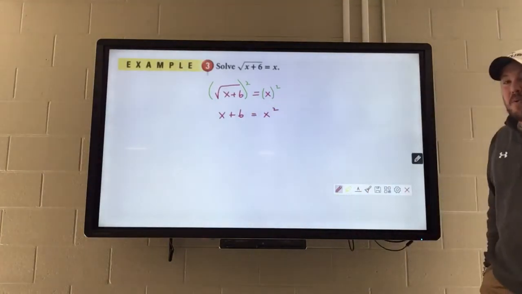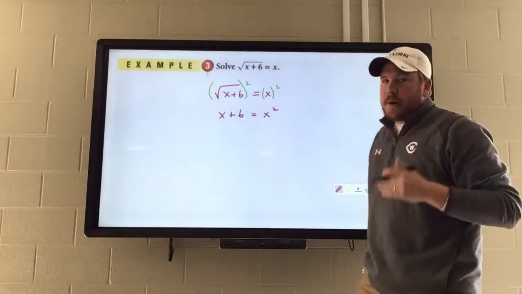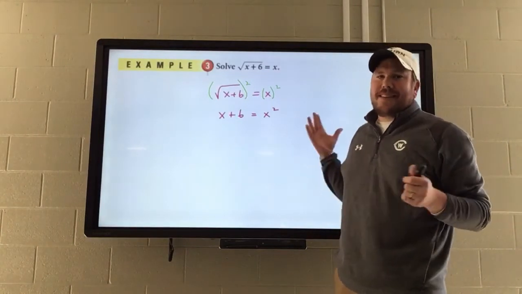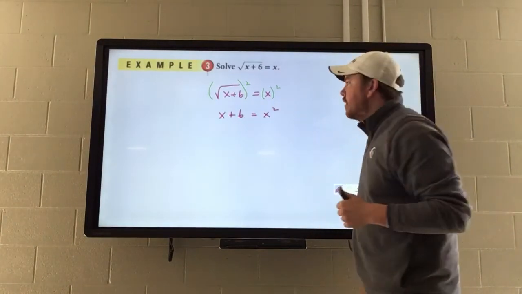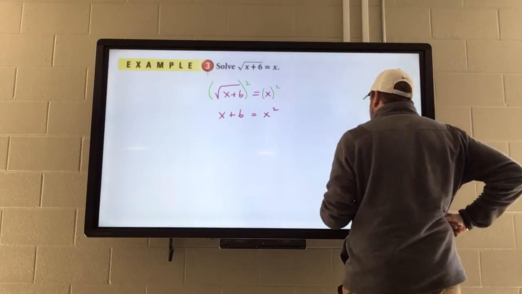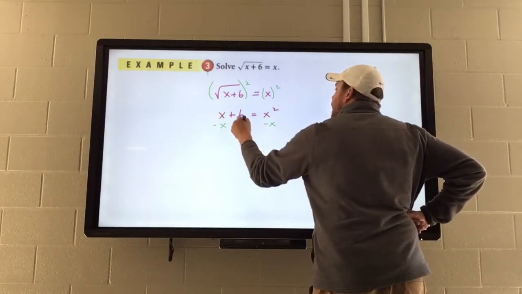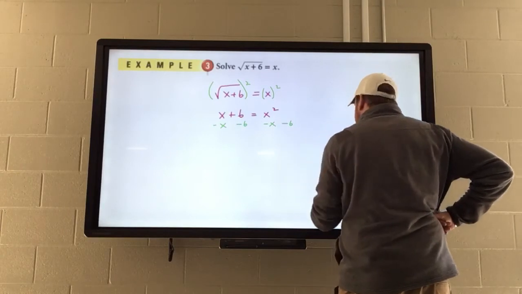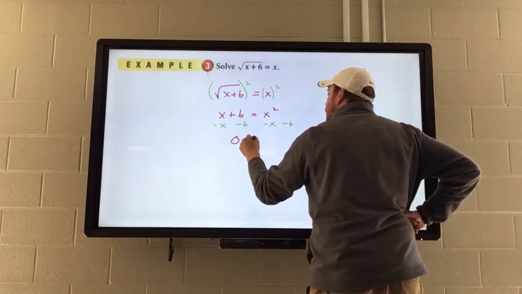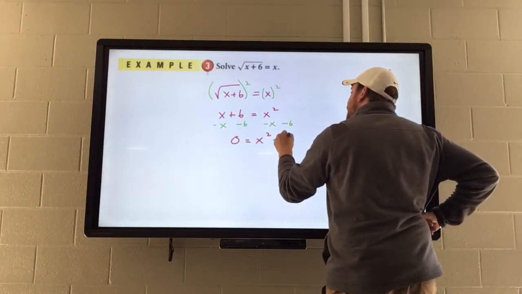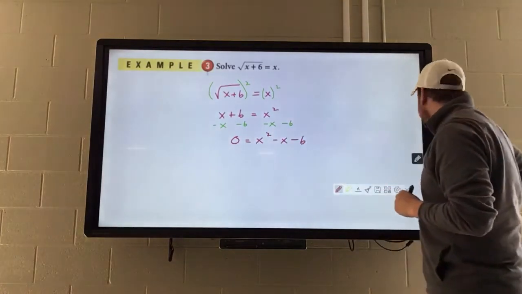Alright, so now we have a quadratic equation. Now when we want to solve a quadratic equation, we like to get everything on the same side, have it equal 0. So let's go ahead and get both of those terms to the right side of the equation. Subtract x from both sides, subtract 6 from both sides. This leaves me with x squared minus x minus 6 equals 0.